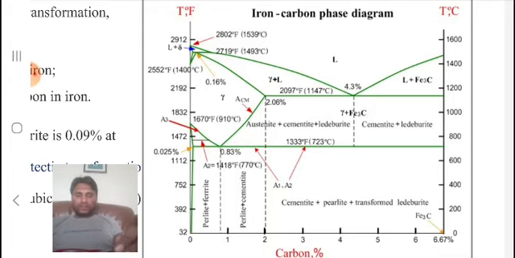So the metal will solidify when it reaches the liquidus line. The liquidus line is the top green line from 1539 degrees centigrade to the eutectic point, that is the 4.3% carbon eutectic point, and then again approximately 1550 at the right vertical line.